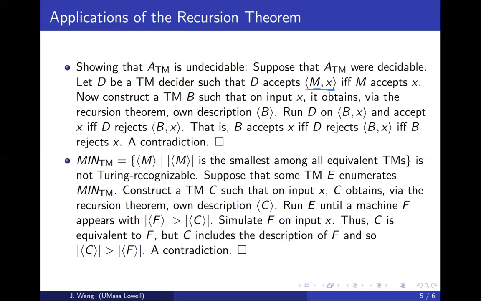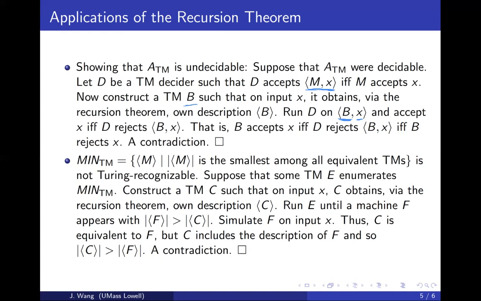Then we simply run D on B comma X. Since B can get its own description, we can run D on this description and X, and accept if and only if D rejects B comma X, because D is a decider, so it always stops.